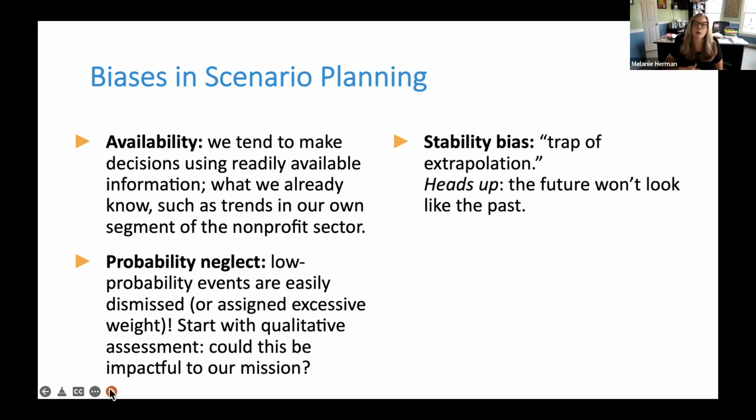Another bias that gets in the way of scenario planning is stability bias, right? And this is a bias, it's so interesting. Randy Park, who I mentioned earlier, the author of The Prediction Trap, uses this interesting term he calls the trap of extrapolation. And he describes this term as this idea that many of us imagine the past as a straight line.